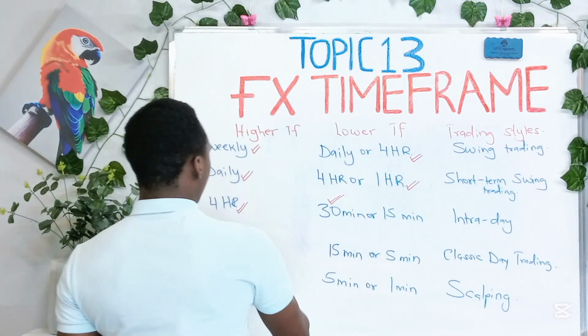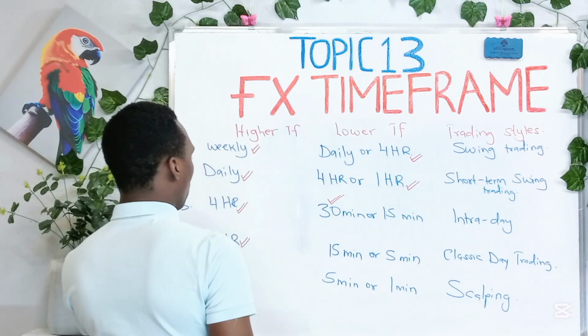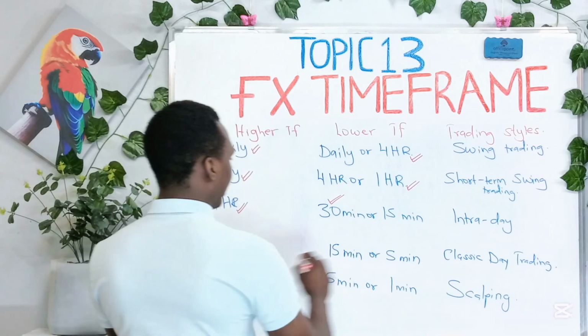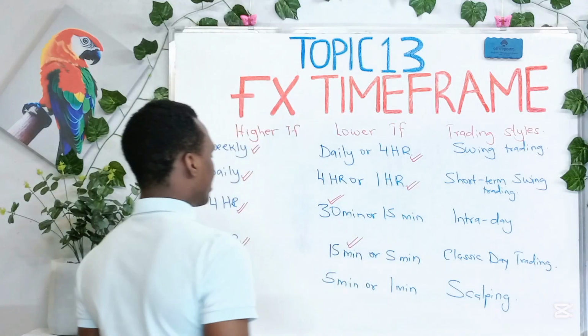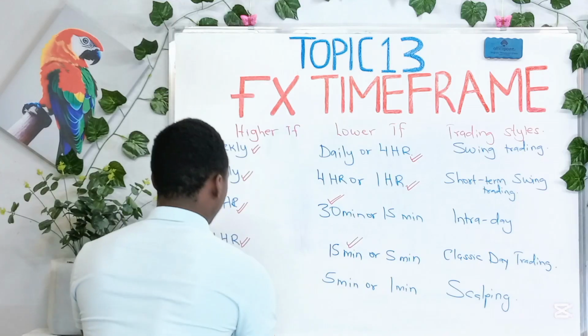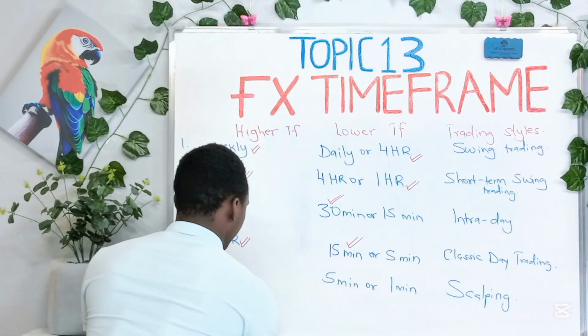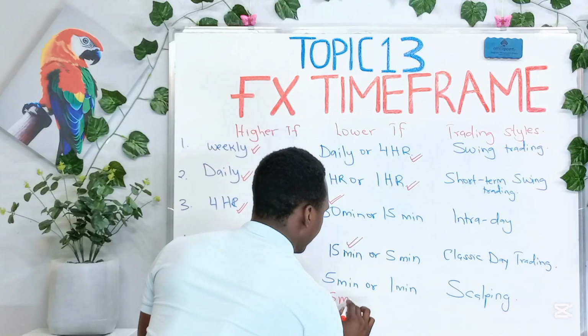When it comes to the 1 hour, you can choose the 1 hour time frame and the 15 minutes time frame. Another good combination here is the 30 minutes as your large time frame and the 5 minutes as your lower time frame.